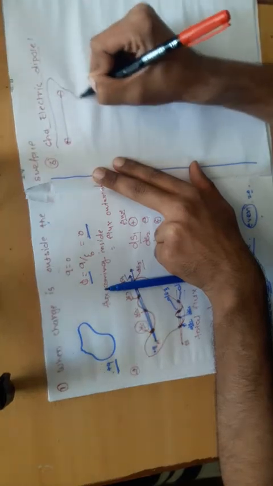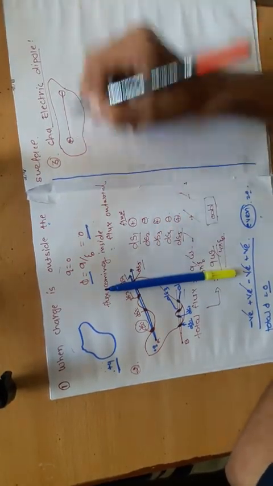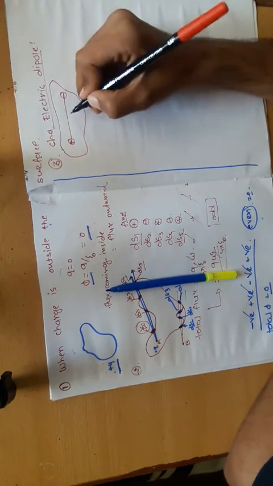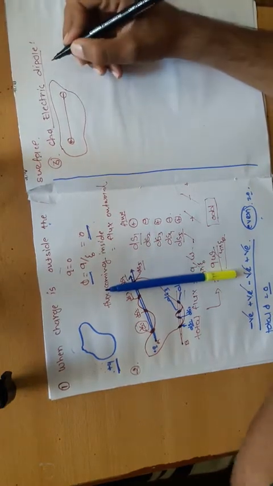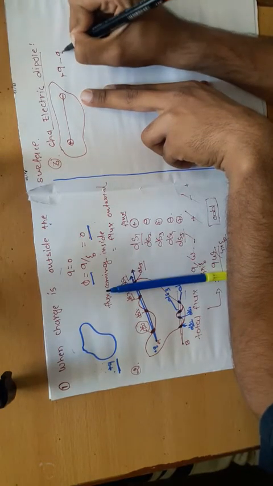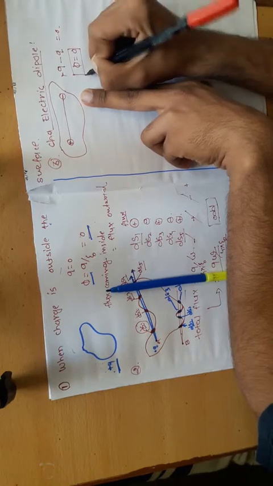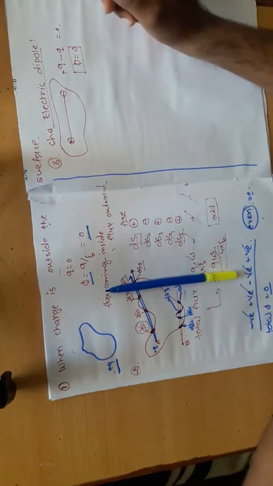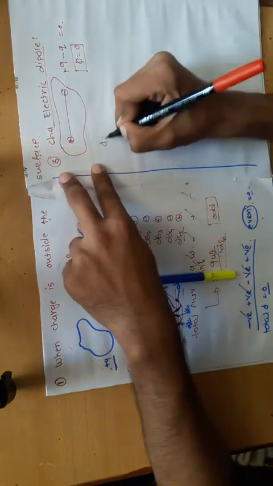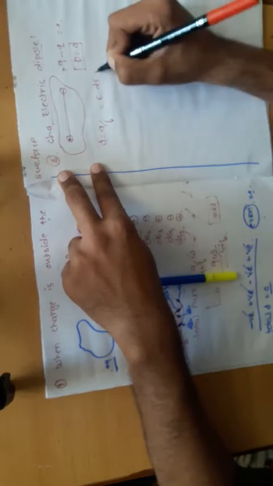Now I will put this electric dipole in a closed surface. What will be the total charge in the closed surface? That will be positive q, negative q, that is 0. Therefore the flux will be 0. Here flux is equal to q by epsilon naught, that is the integral of E dot dS, that will be 0.